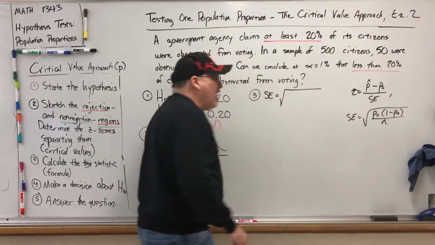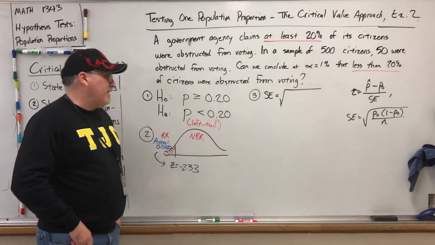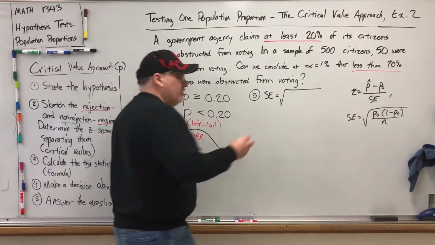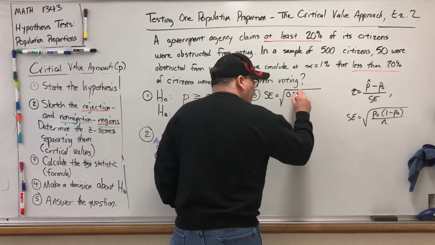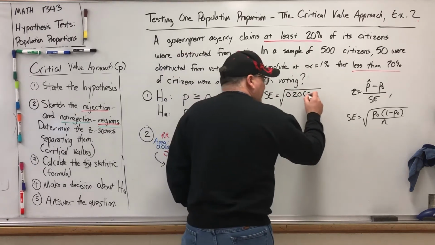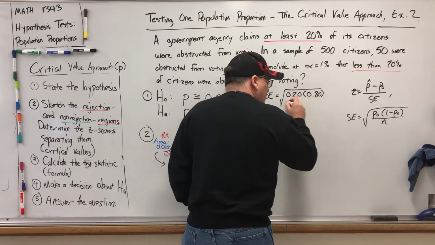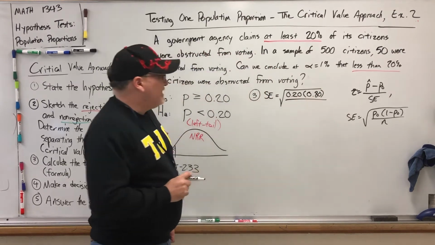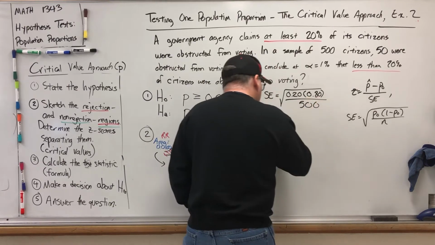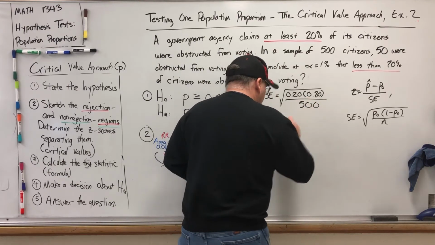Remember, p naught means the hypothesized value of p, which in our null hypothesis was 20%. So our fraction starts with 20% times 1 minus that, which is 80%, over the sample size. We sampled 500 citizens.